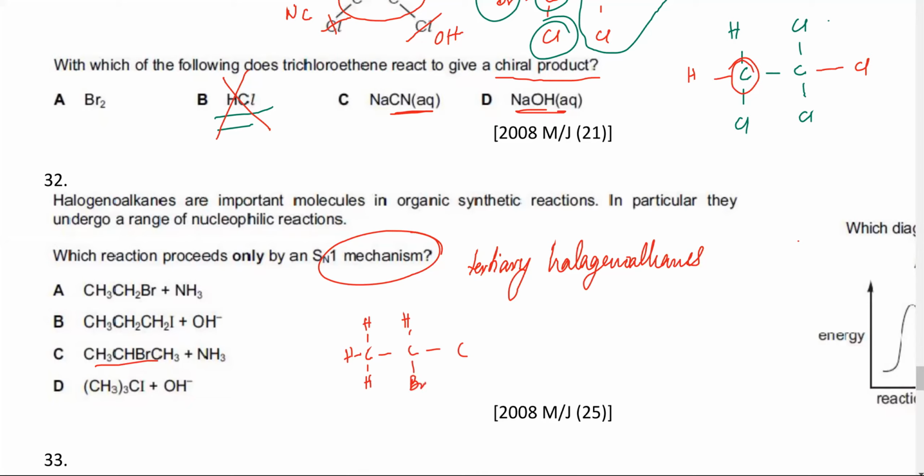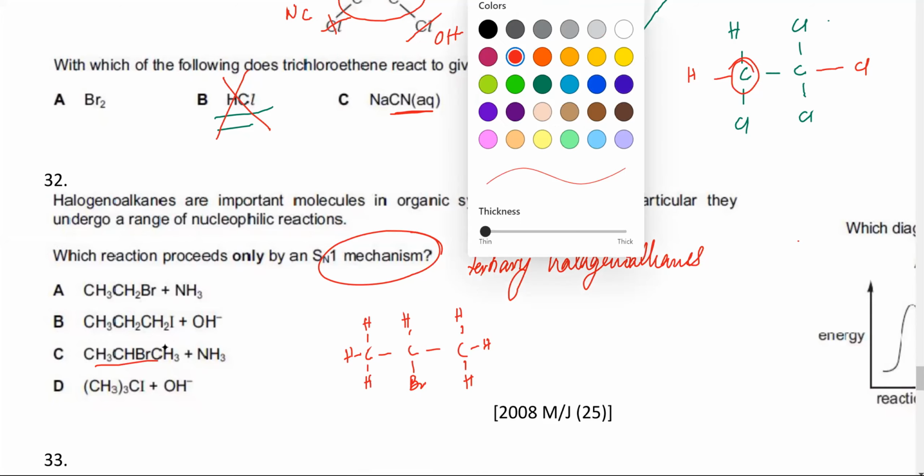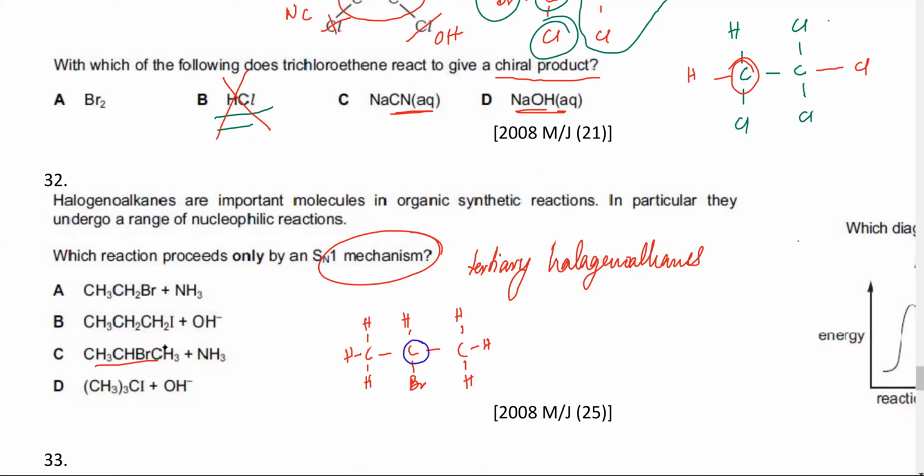Third वाले C के साथ you have again CH3. अच्छा how do you know कि it's primary, secondary or tertiary? Br वाले carbon के साथ how many carbon chains is it attached to? One carbon chain on this side, one carbon chain on this side, and on the third side there's a hydrogen. तो क्या होगा, is this primary, secondary or tertiary if it's attached to 2 carbon chains? सेकेंडरी, ठीक है, so this one is secondary.